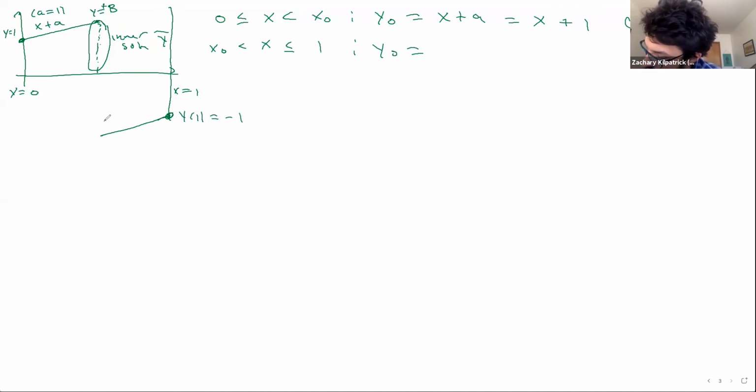So that means that y0 needs to equal x minus 2 down here, okay? All right. So for free, by knowing that I need to chop this function in half and piece it together at the boundary conditions, I have a restriction on what my inner solution can go to.